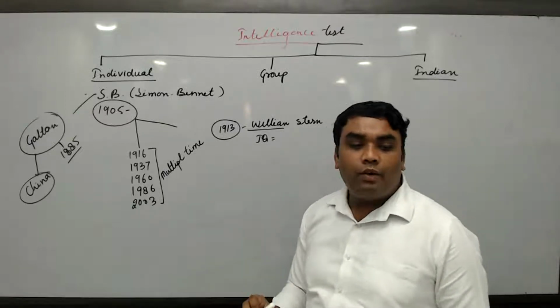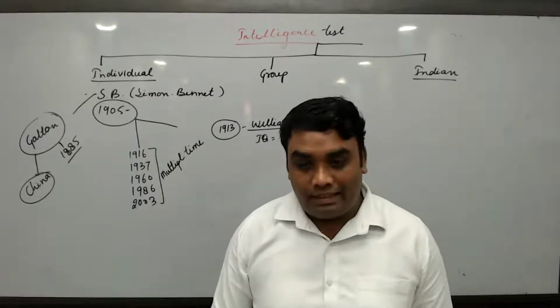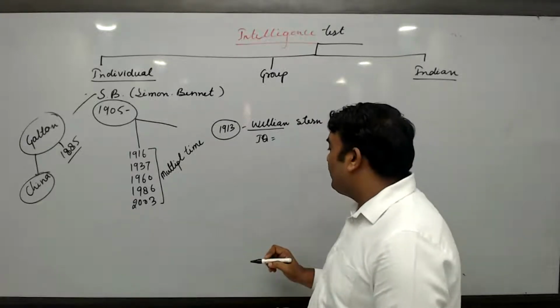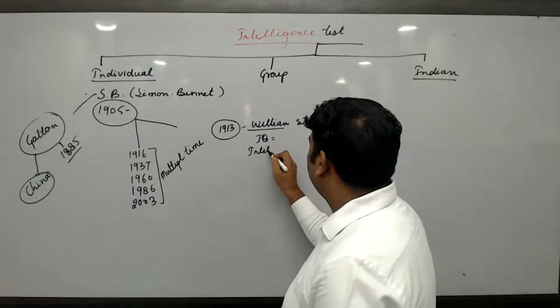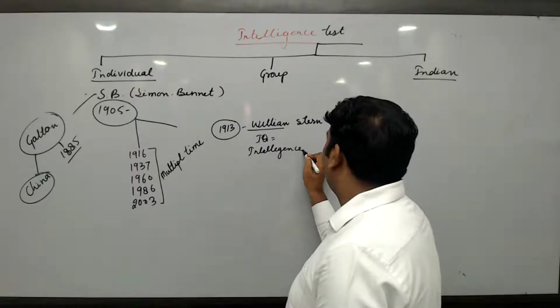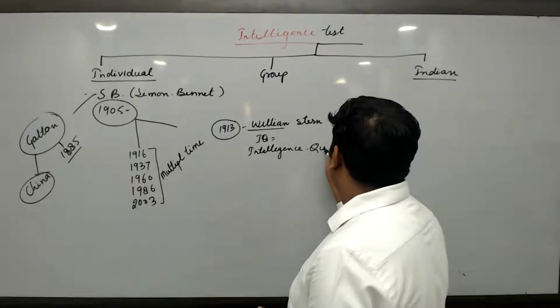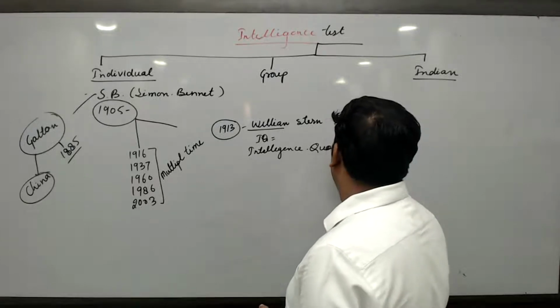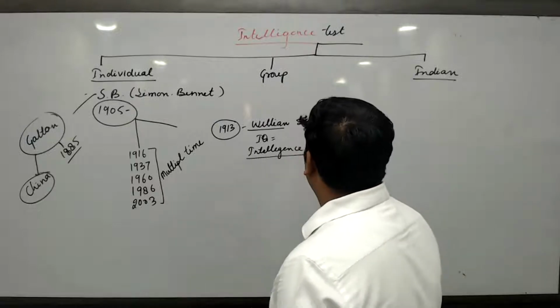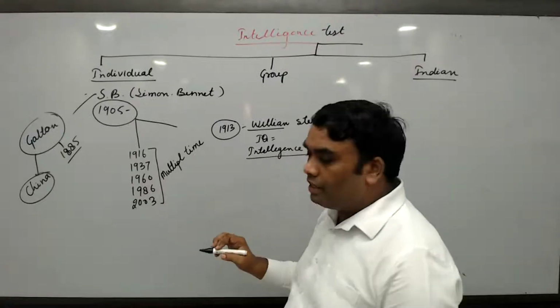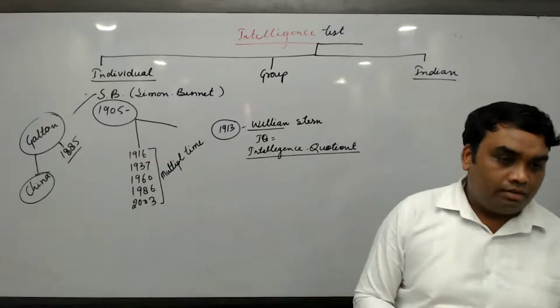What is the full form of IQ? Intelligence quotient. So the IQ concept came, and it was given by William Stern.